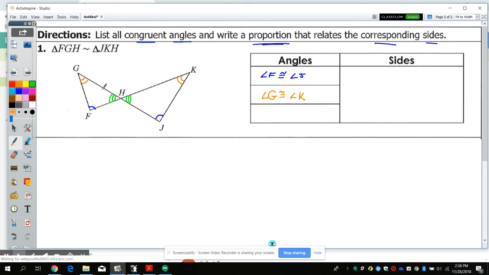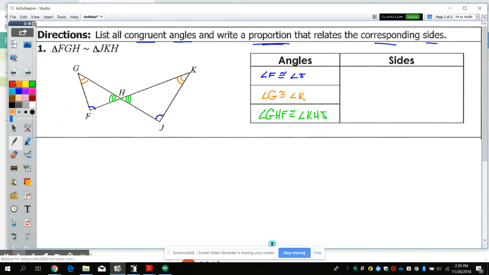So the angle on the left, instead of just using the vertex point of this angle, I need to use a letter from each side of the angle. So I'm going to call this angle GHF. Angle GHF is congruent to, and the one on this side I can call KHJ. KHJ. Okay.